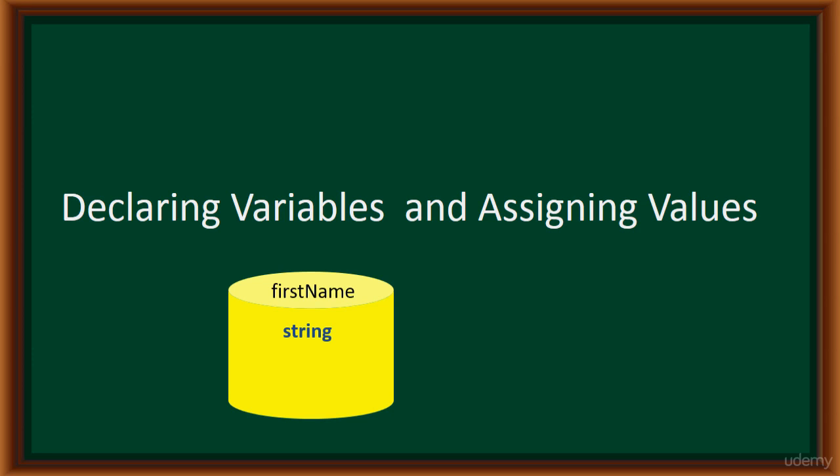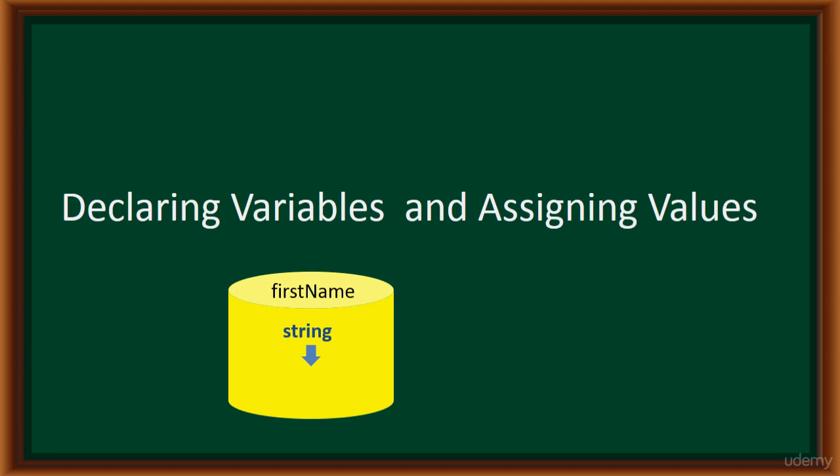Okay. So we've determined the name. We've identified the type of content or data it's going to store. So we can't mix them. We've already determined that it's going to store a string, which is text. The next thing will be to assign a value to the variable, or add something to it. So we assign a value using the equals sign, which is the assignment operator.